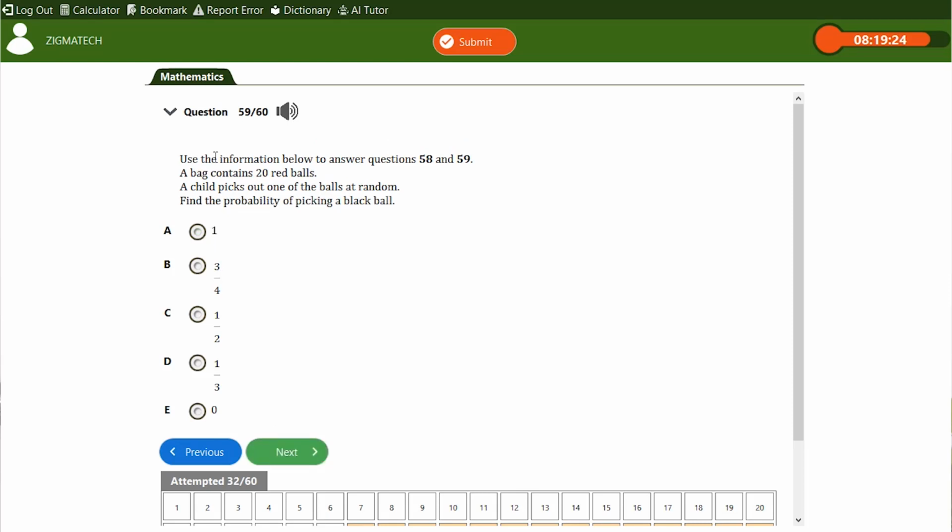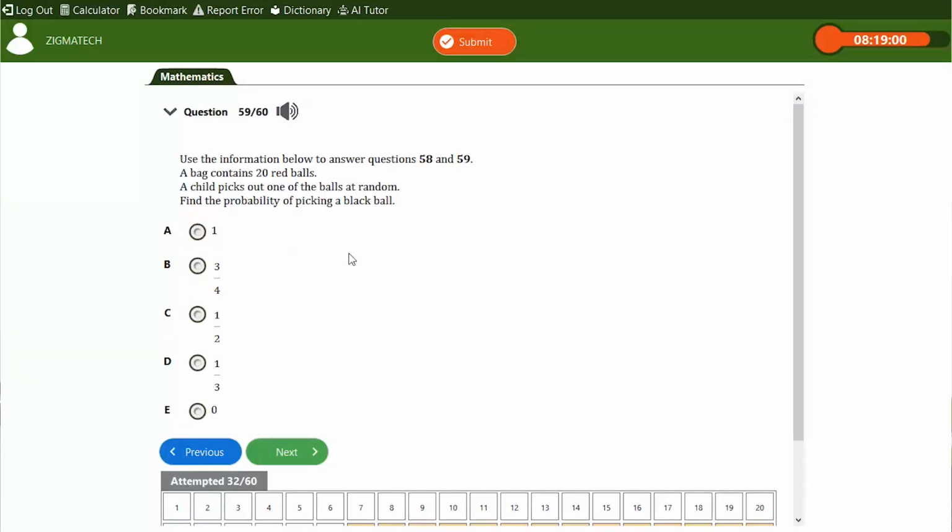Okay, so the next one says, use this same information. The question is, find the probability of picking a black ball in a bag full of 20 red balls. There is no such probability because everything in the bag is red.